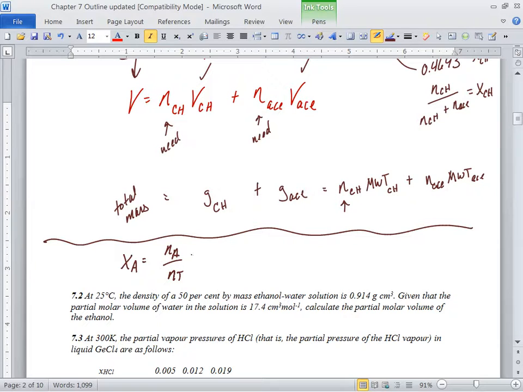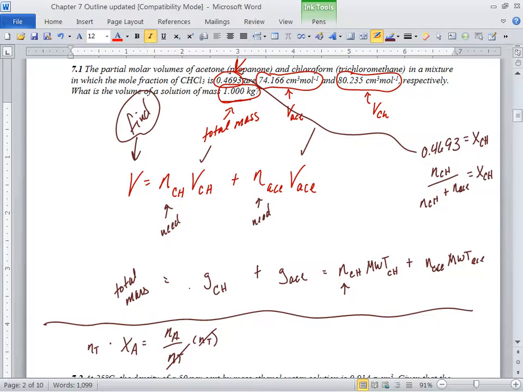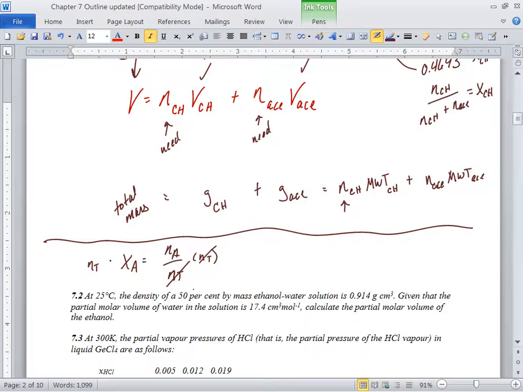So if you multiply this by the total moles, you get the moles of A, right? So pretty much that's what we're going to do. We know the mole fraction of chloroform and acetone, right?